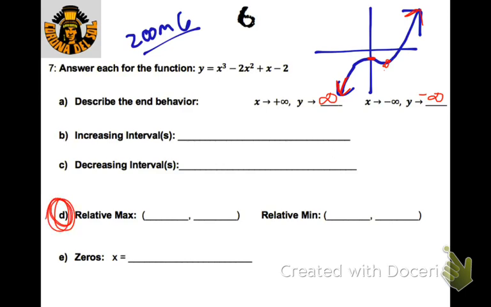So we calculate those. When I calculated that, I got for the maximum, it was 0.33, and then for the y value, it was -1.85. So hopefully at this point we're okay at calculating those with the calculator.